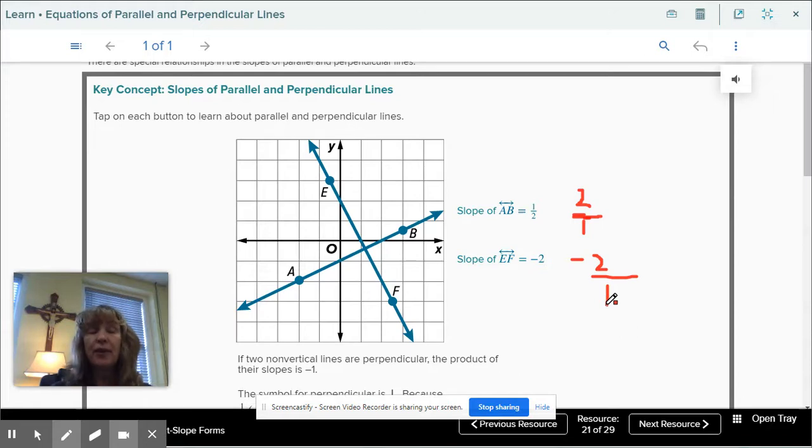You'll notice in every perpendicular line that the new slope is the reciprocal of the original slope and its opposite sign. So if it started as a negative, it's going to become a positive. If it started as a positive, in this case, it's going to turn into a negative slope so that these lines can cross at some point.